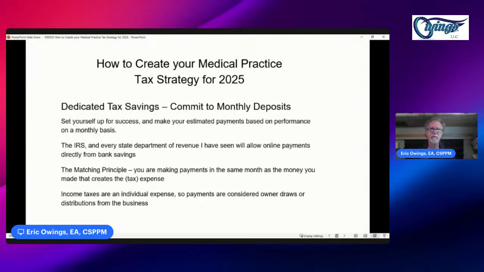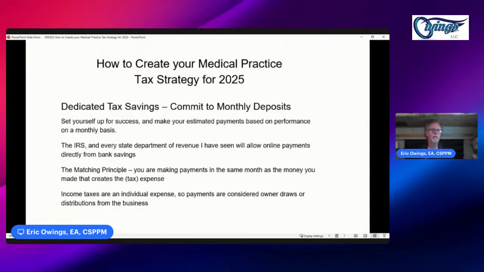If you are matching the expenses that you have in any business, be it a medical practice or anything else, against the same time period in which you make the money that created the expenses in the first place, then you're basically matching it in a timely way. And to do that, I believe it's important to actually create a new separate tax savings bank account.